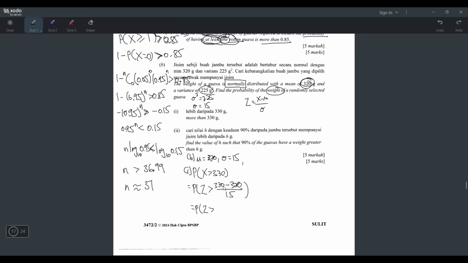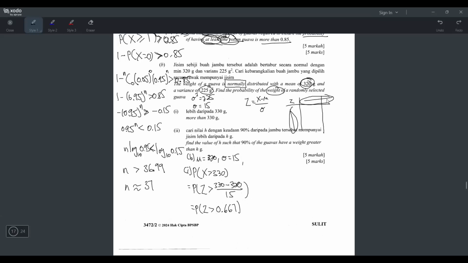Okay, let me press 10 divide 15. Okay, 0.666666, right? I want you to write 3 decimal places only. So 0.667. Wait, why do I ask you to write 3 decimal places? Because later when you look up the z value table, okay, this is your z value table. If you look at the top left corner here, they will write z here. It means the outside value here is the z value.